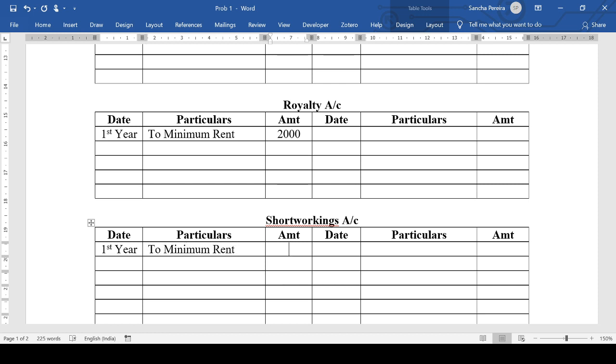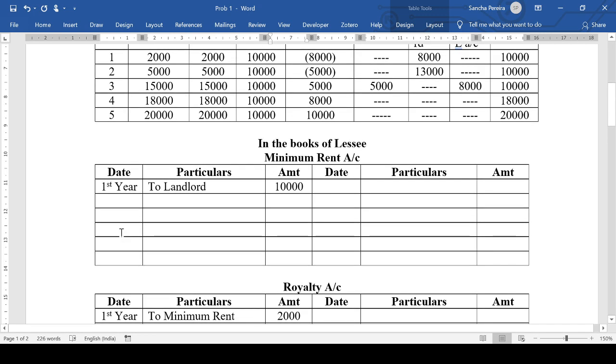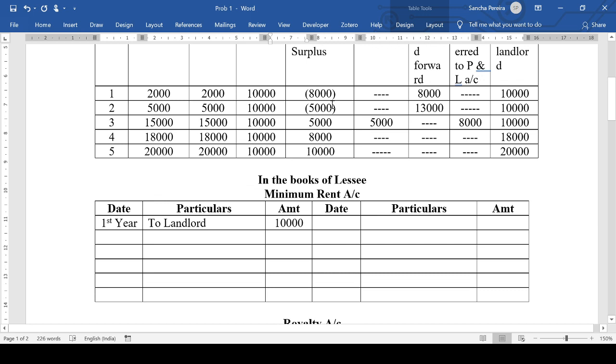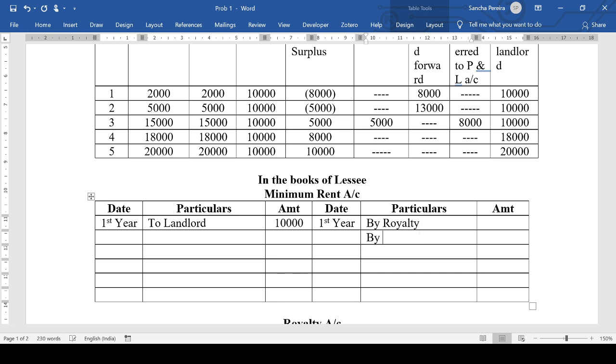How much is the short working? 8,000. Correct? Yes, short working is 8,000. And then in minimum rent, it will be by royalty and by short working.